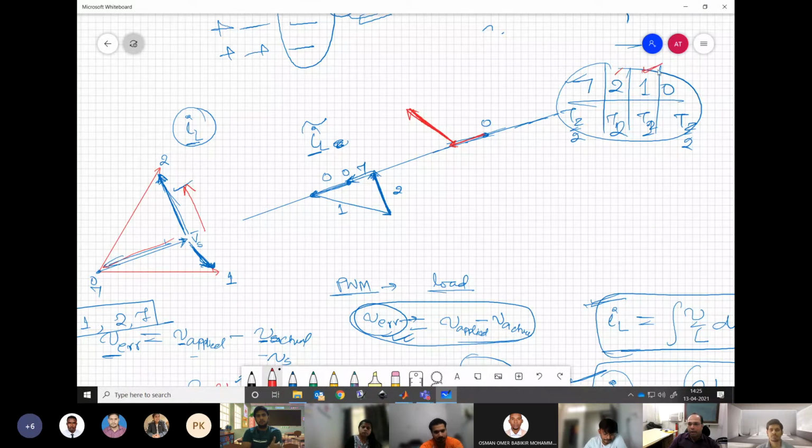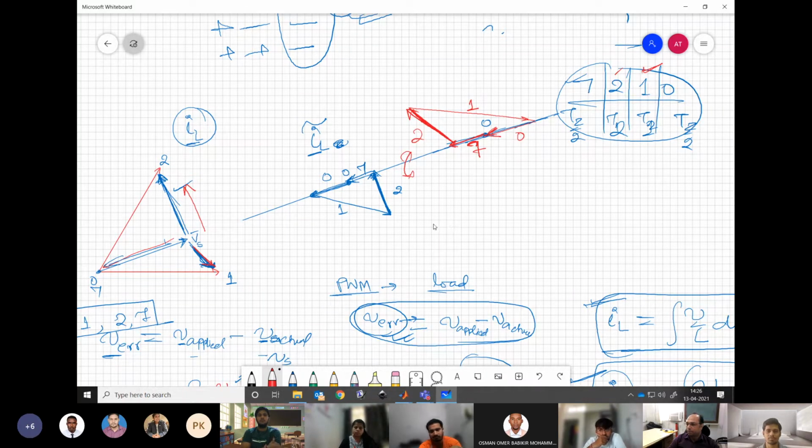And then we have vector 1, which is along this line, so our error is going to be something like this. And then coming back to the origin when we apply 0. So this is what happens when we apply this sequence 7210. Understanding my point? See how the ripple has changed.